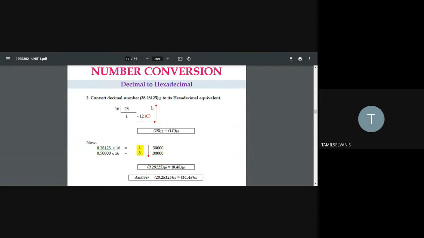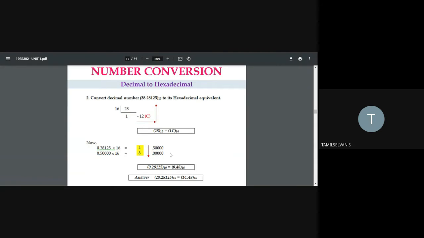Next I can take the floating point part while converting this decimal number into hexadecimal. 0.28125 into 16 is 4.50000. Next I take 0.50000 into 16, which is equal to 8.00000.